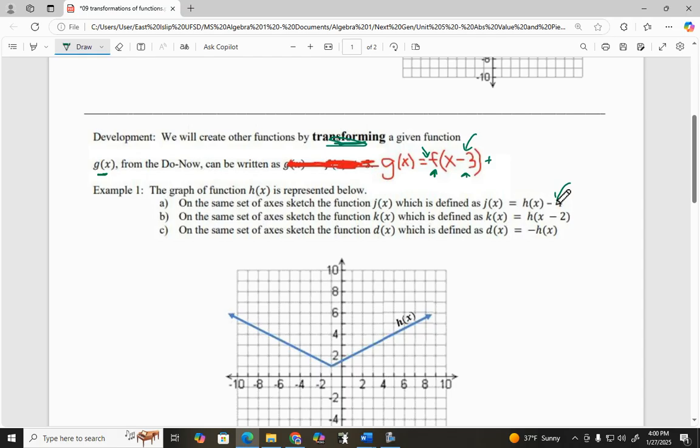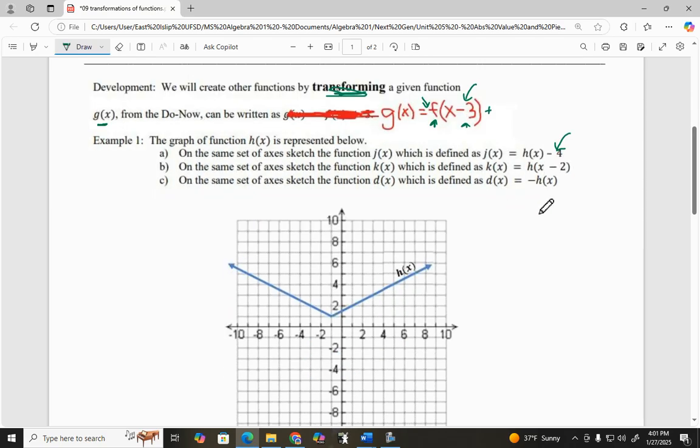So this one would shift it 4 down because it's outside of the parentheses. I'm just going to scroll this a bit. So 1, 2, 3, 4 right here. And this rate of change was up 1 over 2, up 1 over 2. So this is going to stay the same, up 1 over 2.